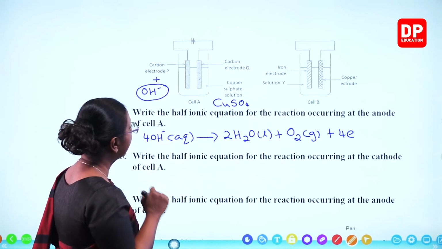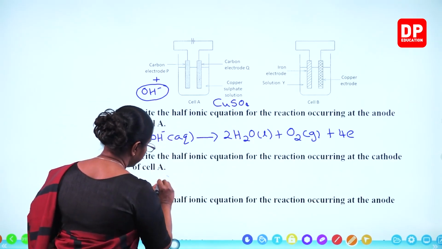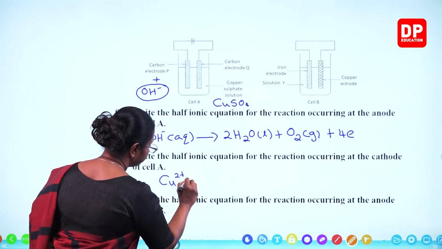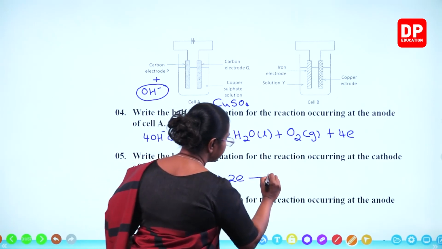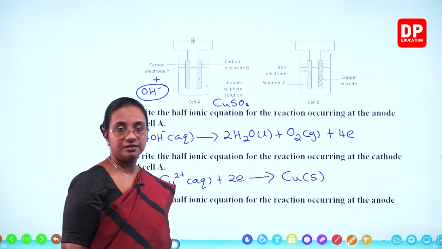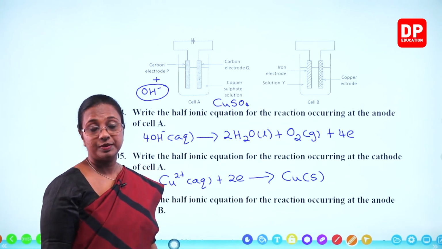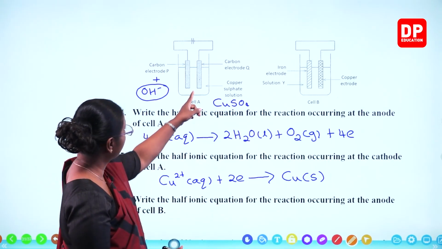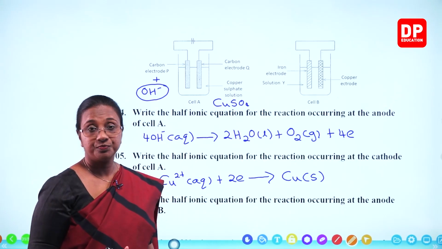So copper will get reduced. So here what should you write? Cu2+(aq), taking up 2 electrons, getting Cu(s). Copper 2+ ions take up electrons and form copper. Usually copper will deposit on the cathode there. That is carbon electrode Q.